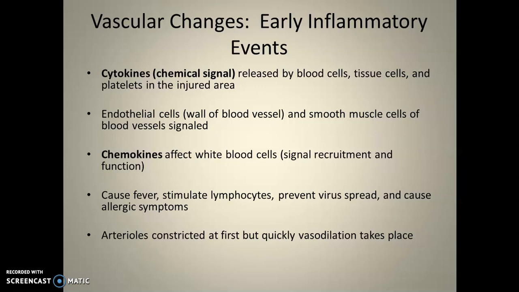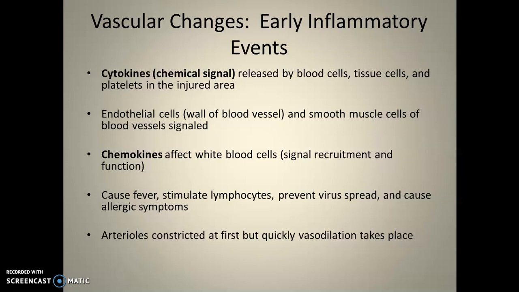So cytokines and chemokines are chemical signalers that are pretty much produced by any kind of cell that's responding to an invading pathogen to sort of signal other cells. There's lots of cross communication and chemical signaling that's happening between all these cellular players when we're fighting an infection.